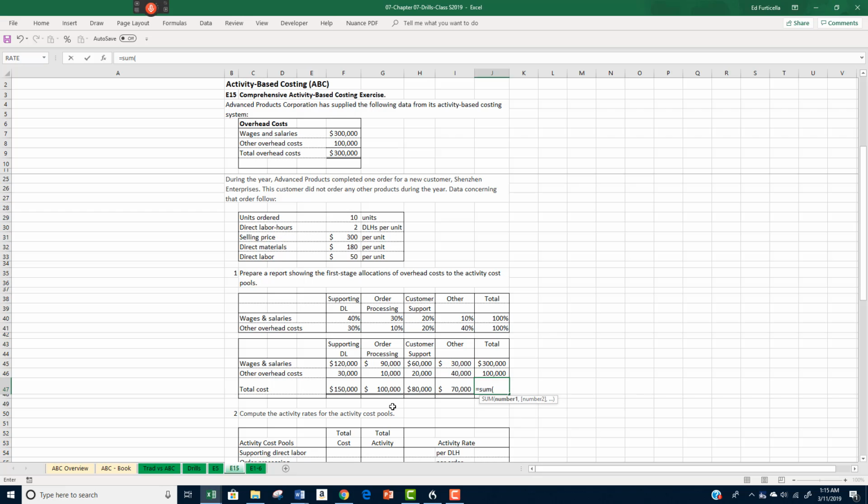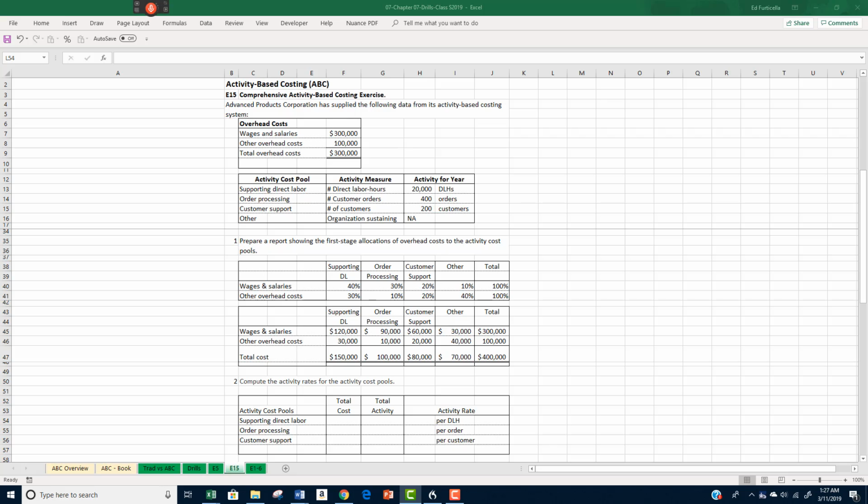Our total overhead cost is 400,000. 150,000 has been assigned to supporting direct labor. 100,000 to order processing, 80,000 to customer support, 70,000 to other.